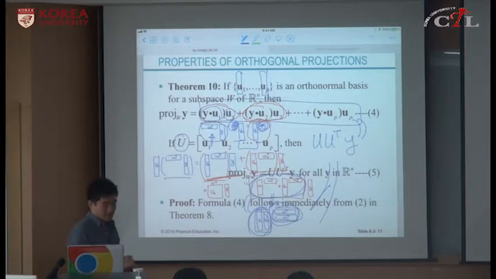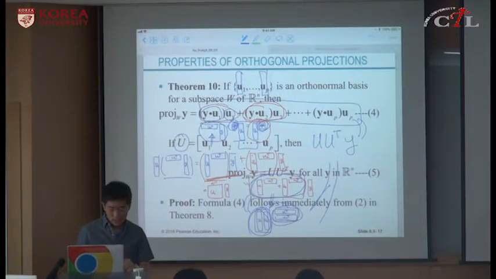Okay, and then we can also view this as a linear transformation. Orthogonal projection: when computing the orthogonal projection of a given vector Y, you apply this formula to obtain it.